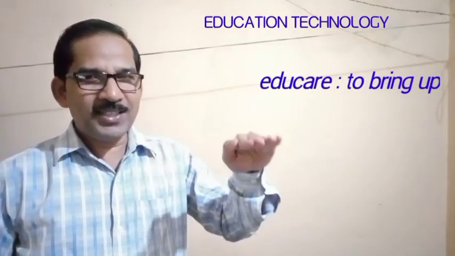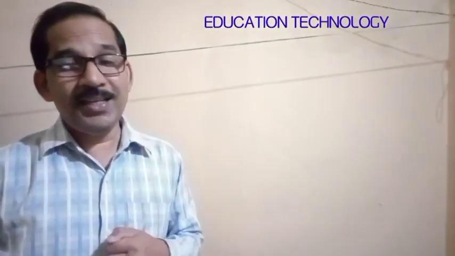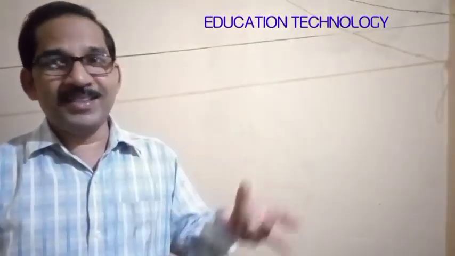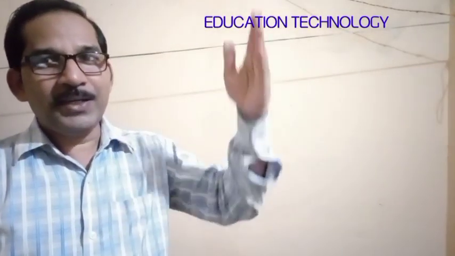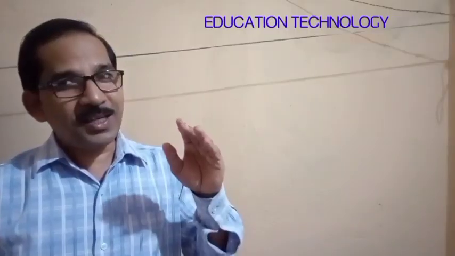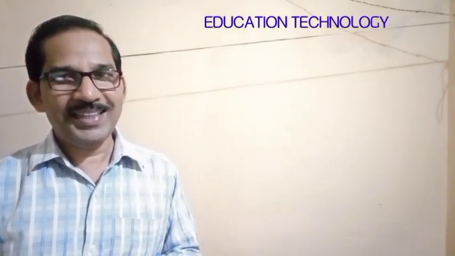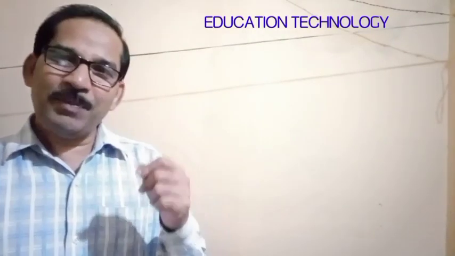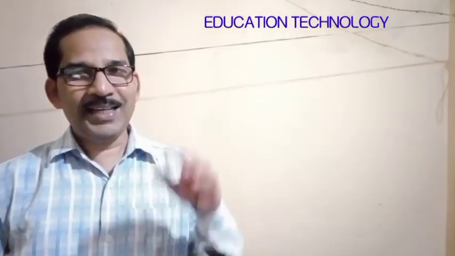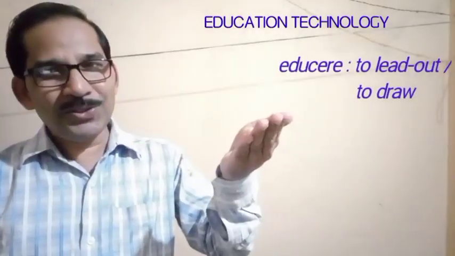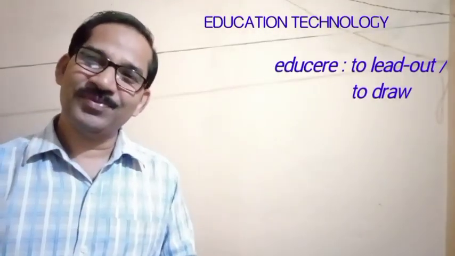Suppose a child is so tiny, how can it be treated and nourished to make it a grown up boy? So this is the meaning of bring up. And what is the meaning of educier? Educier means to lead out or to draw.